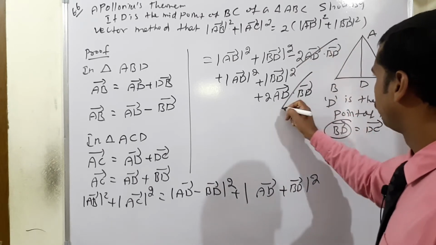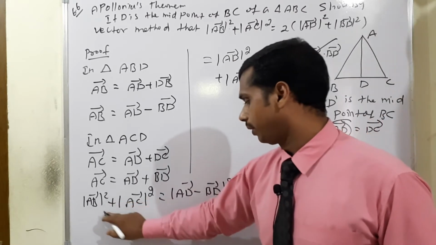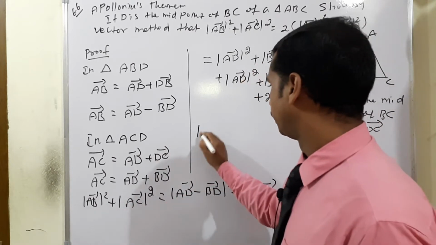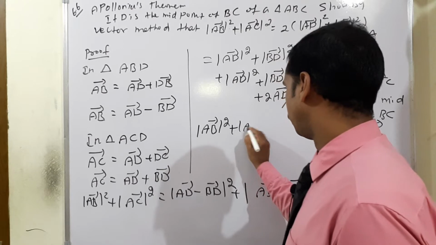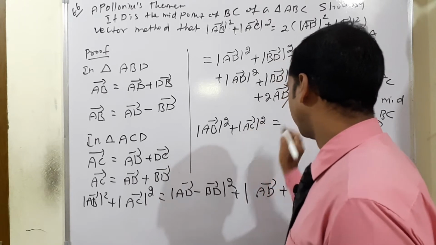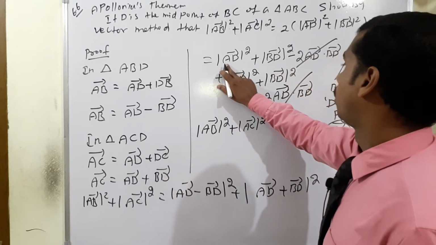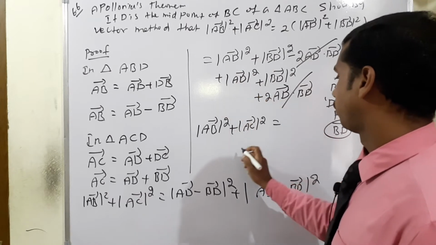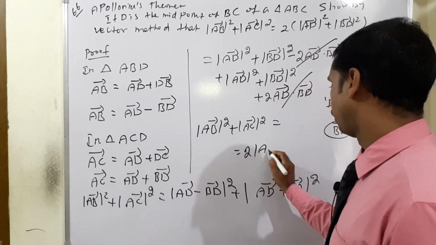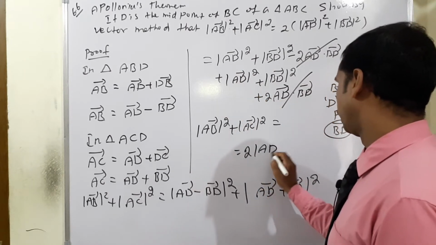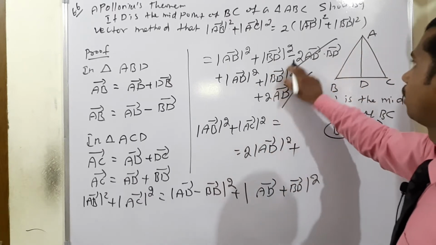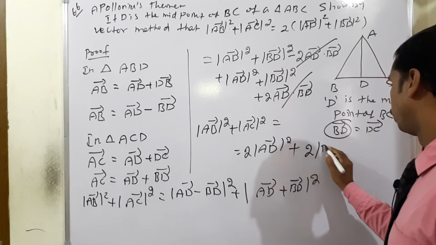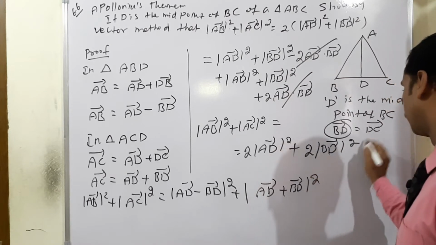Look, minus 2AD dot BD and plus 2AD dot BD we can cancel. After cancellation, on the left hand side we have modulus of AB vector square plus modulus of AC vector square, which is equal to 2 into modulus of AD vector square plus 2 into modulus of BD vector square.